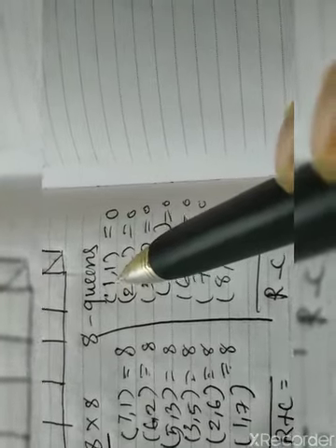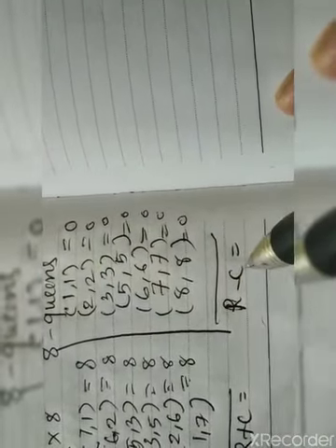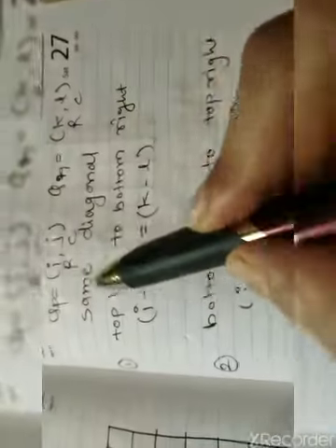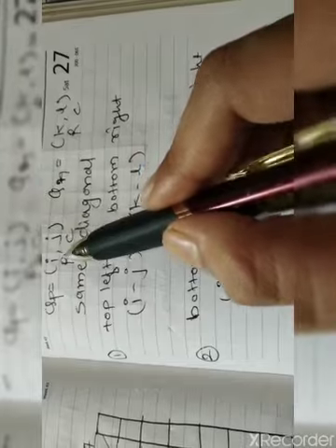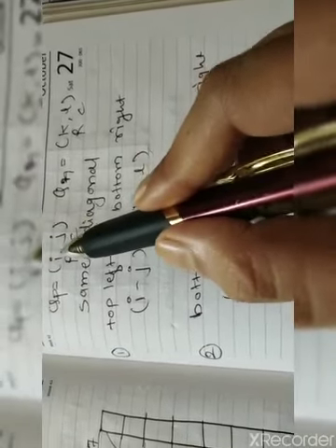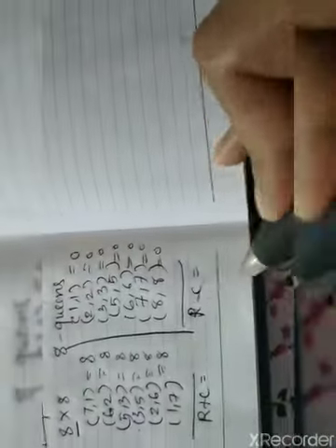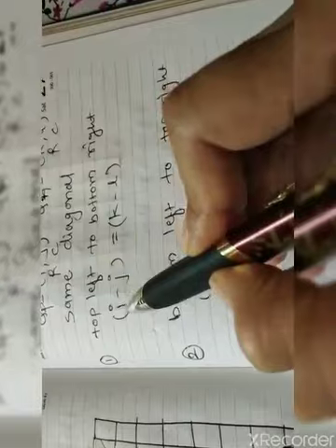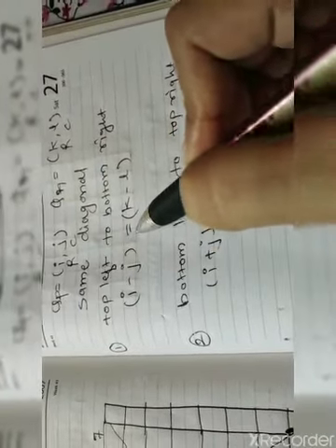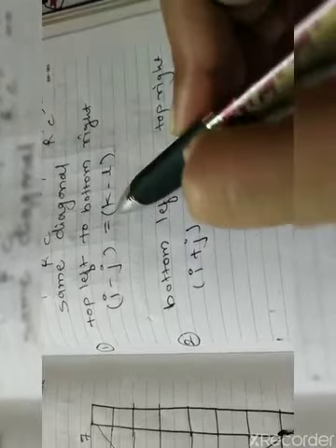For this diagonal, the observation was it is row minus column, that is R minus C, which can be written as I minus j. So similarly, I minus j is equal to K minus L, that is R minus C.